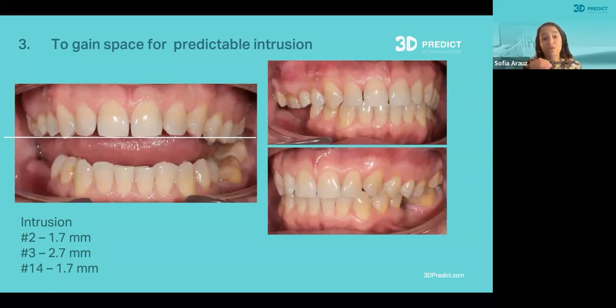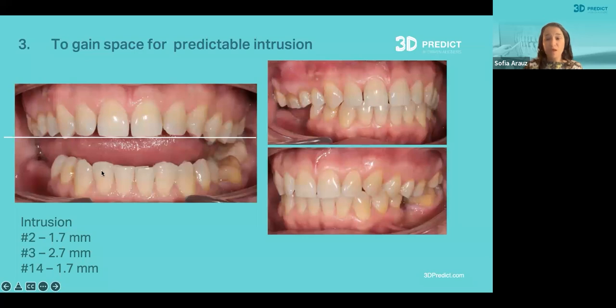The same thing goes for intrusion. Obviously, these upper anterior incisors are less wide when you look closer to the cervical margin than when you're looking at the incisal edge. So when you're intruding those teeth, you are requiring more space. So in this case, IPR was needed to provide that space for this intrusion.